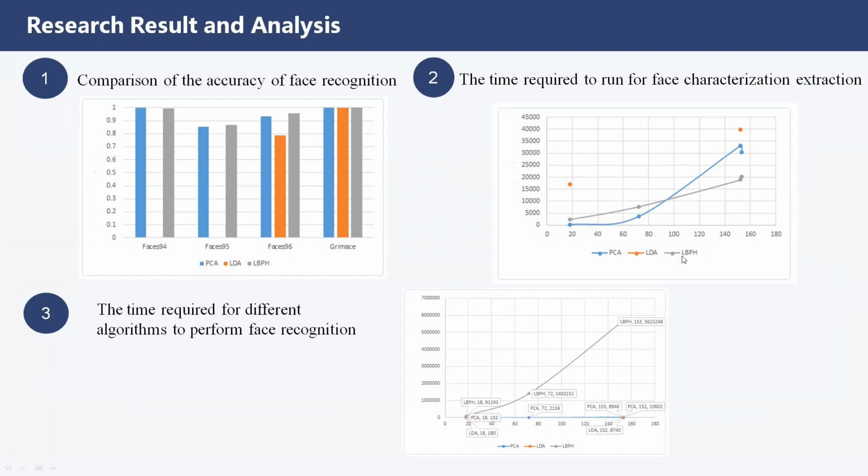As we can see, here is the time it needs, and here is the size of the data set, which is actually the number of different people. As the size of the data set becomes bigger, LBPH will use less time, and PCA will be influenced by the size of the data set. It's going to be very big as the number of different people increases.